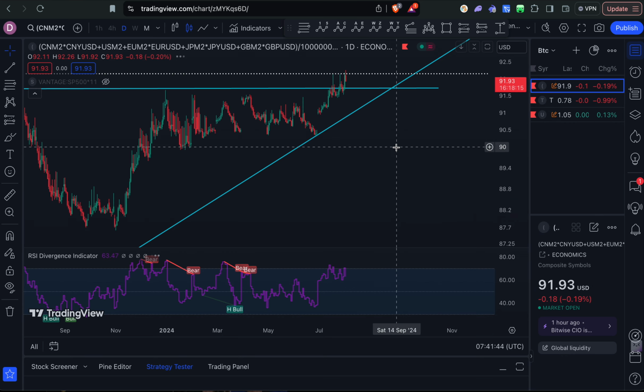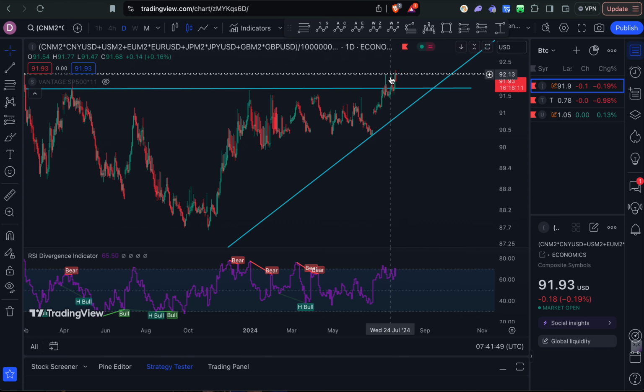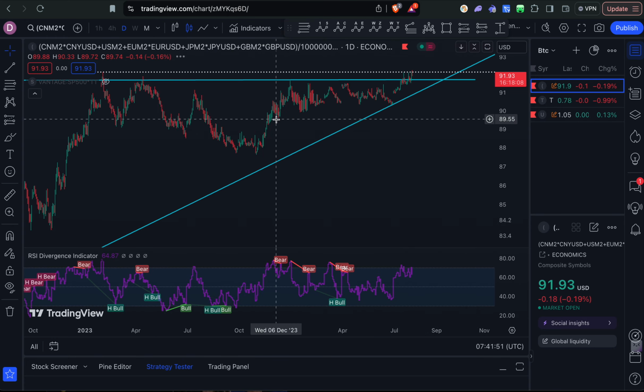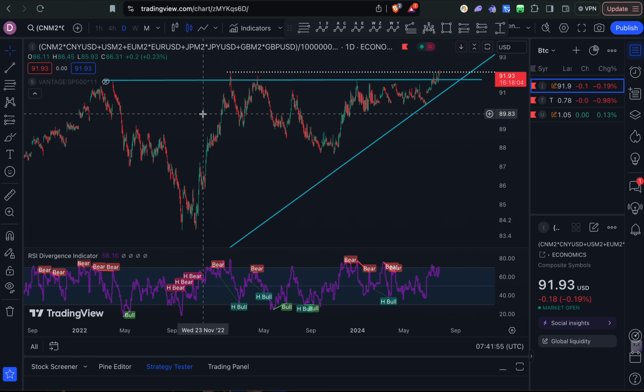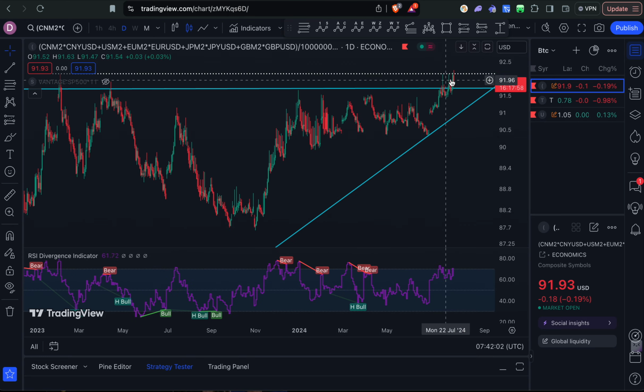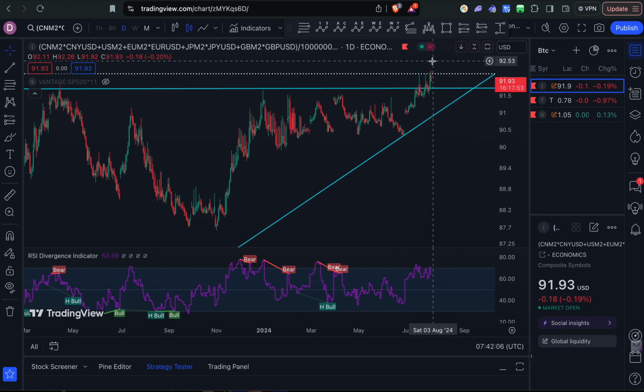Global liquidity is interesting though. We do have a new all-time high in global liquidity. When we take a look at the money stock of all the major currencies in the market and stack them together, we have been consolidating sideways in global liquidity for two years now, and now we have a new all-time high. Let's see if the money printers stay online.